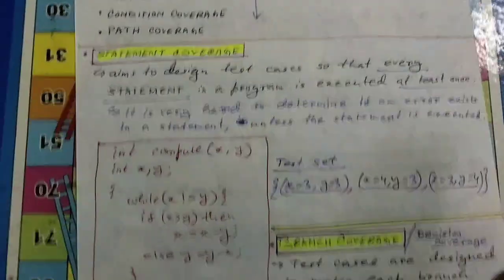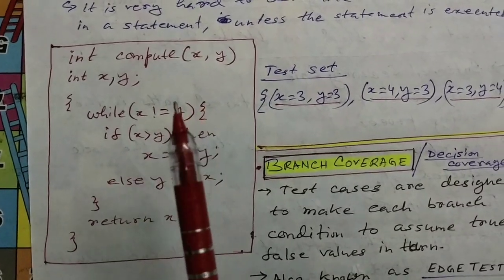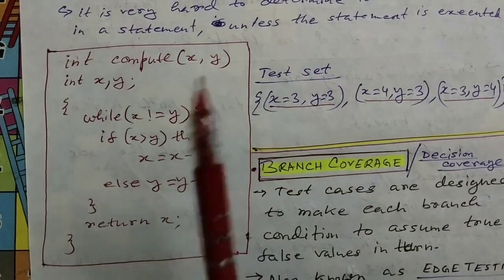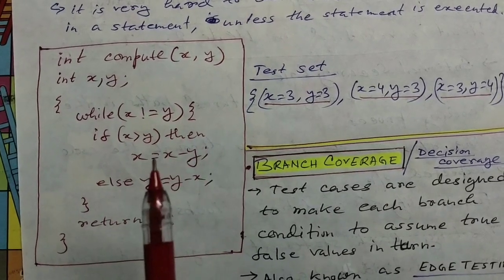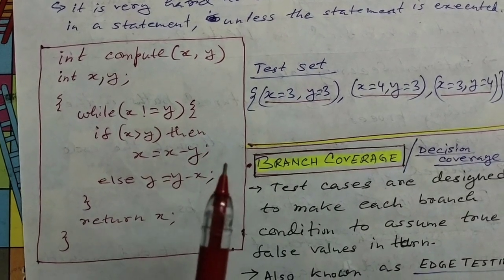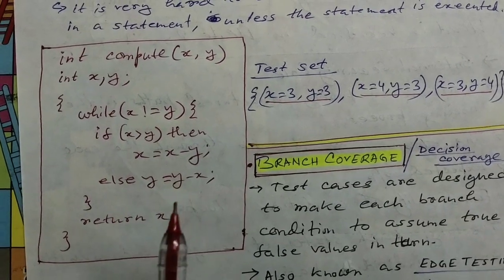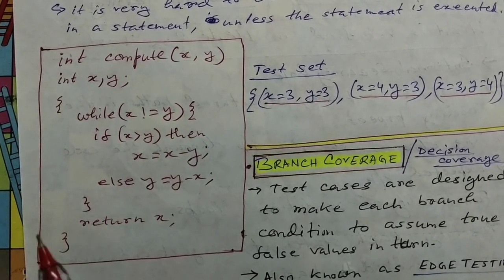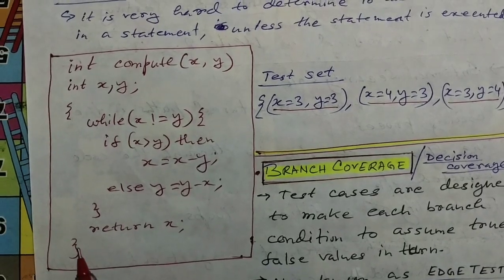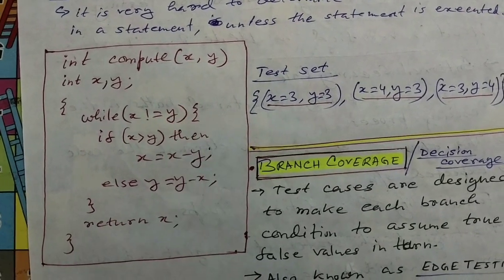How? Let us consider this program. Compute(int x, int y): while x not equals y, if x greater than y, then x equals x minus y, else y equals y minus x, and this is the end of the loop. Then return x, and then the end of the function compute, right?